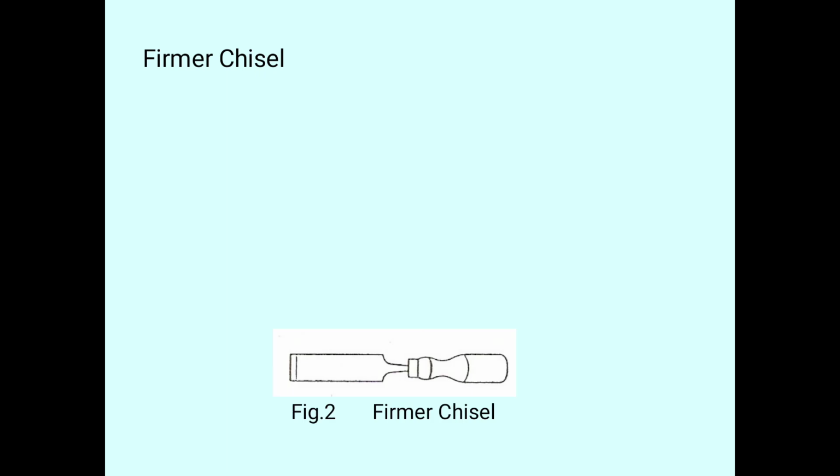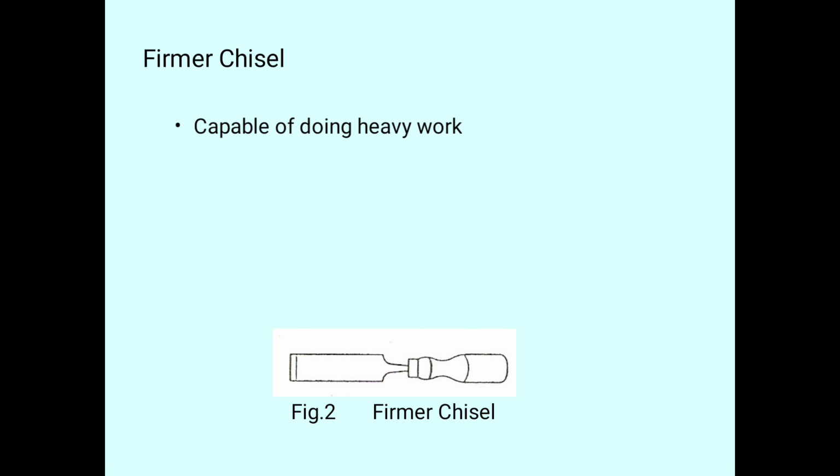Next, first we can discuss the firmer chisel. Let's see here. This is a diagram of a firmer chisel. This firmer chisel is capable of doing heavy work. What is the purpose of this firmer chisel?